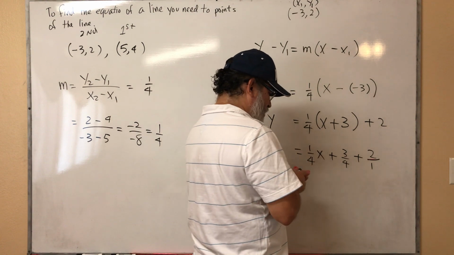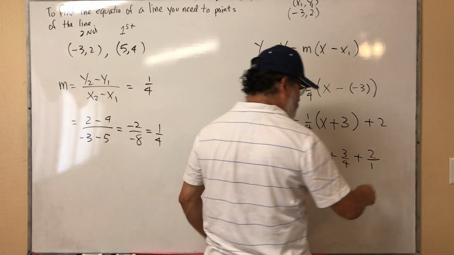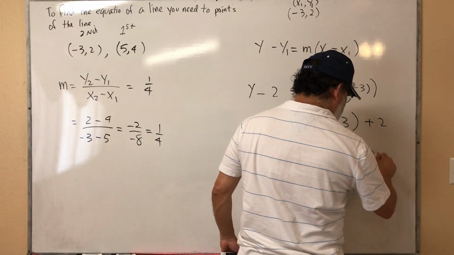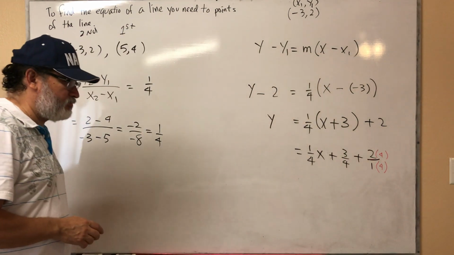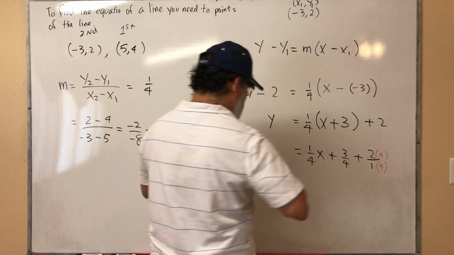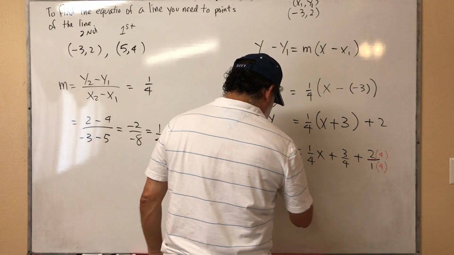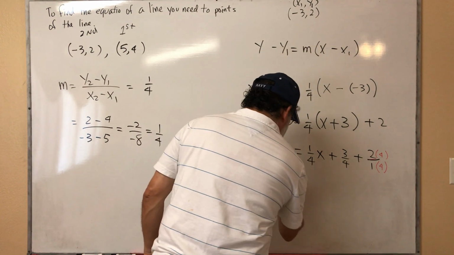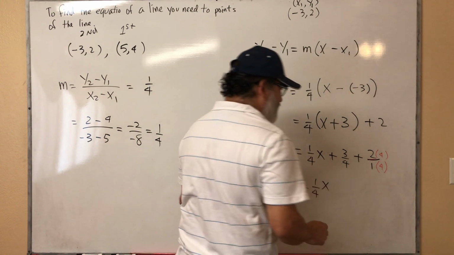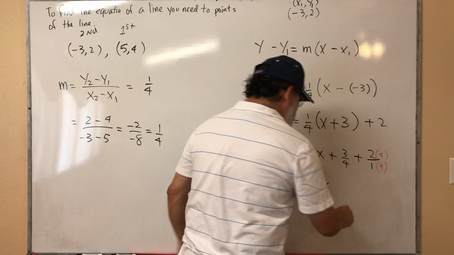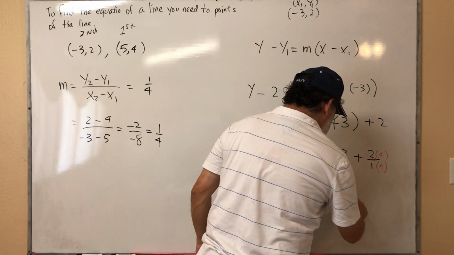To combine those two, they have to have the same denominator. So multiply this by 4 and this by 4. And so now we get y equals 1/4 x plus 3 plus 8 over 4, which is 11 over 4.